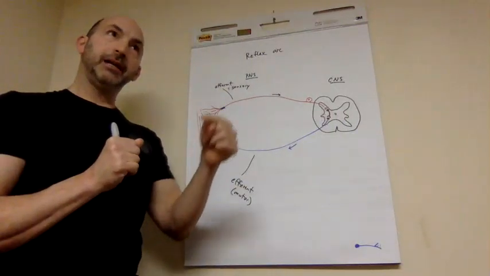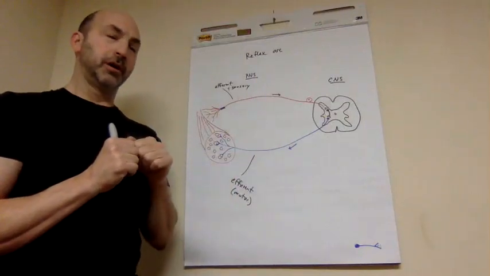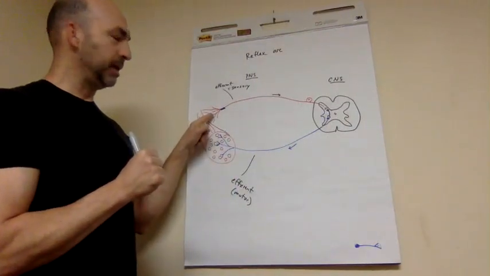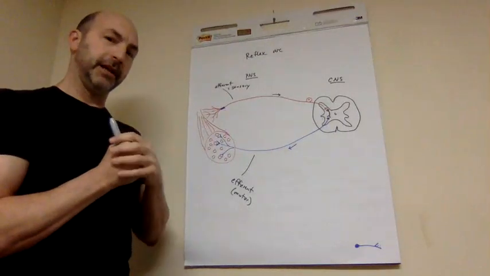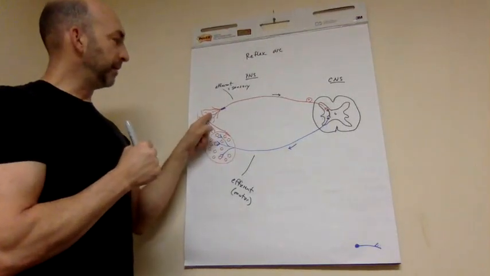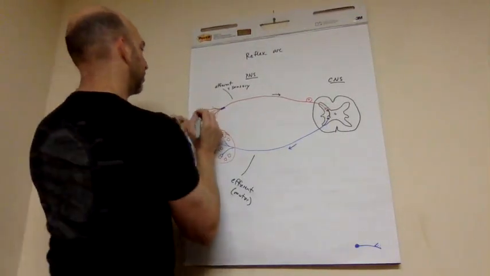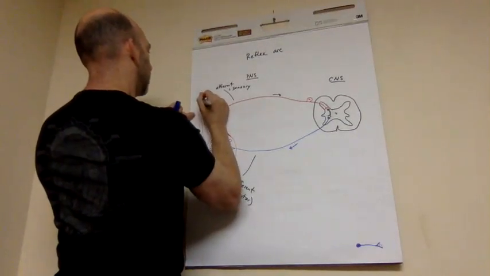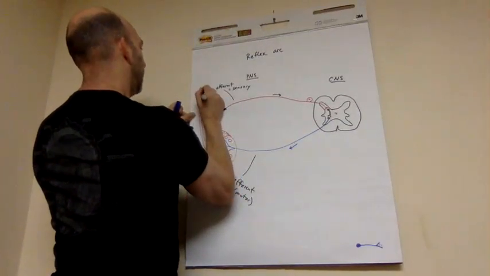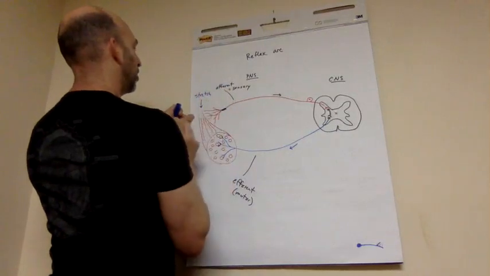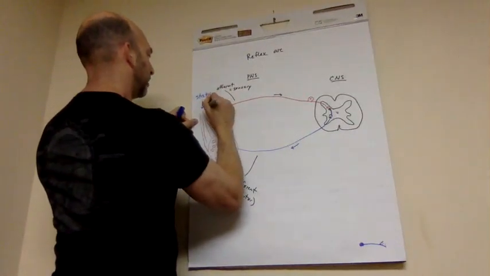Well, if those are mechanically gated sodium channels, we're going to generate EPSPs in these dendrites, free nerve endings. If we generate a big enough EPSP, so let's just write that. Stretch occurs, right?